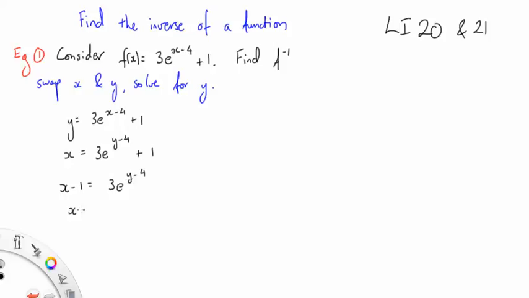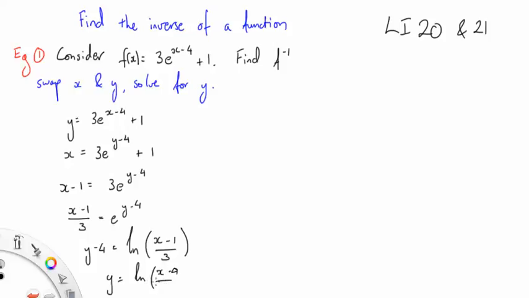Divide both sides by 3. Great. And we know our log laws now. So we're going to take the natural log of both sides. And then we're going to add 4 to both sides.